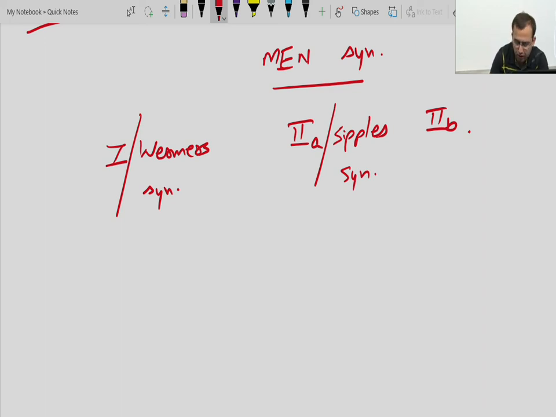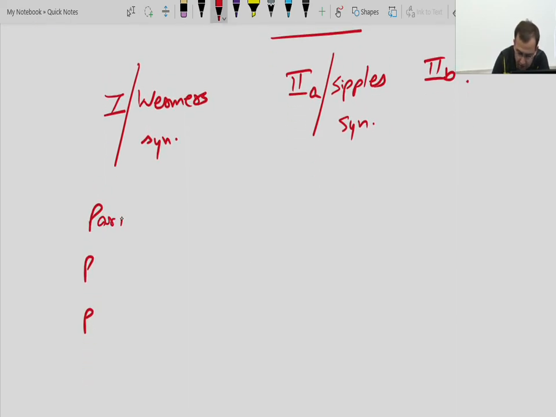Next point, MEN1. Organs involved are PPP, that is parathyroid, pituitary, and pancreas.